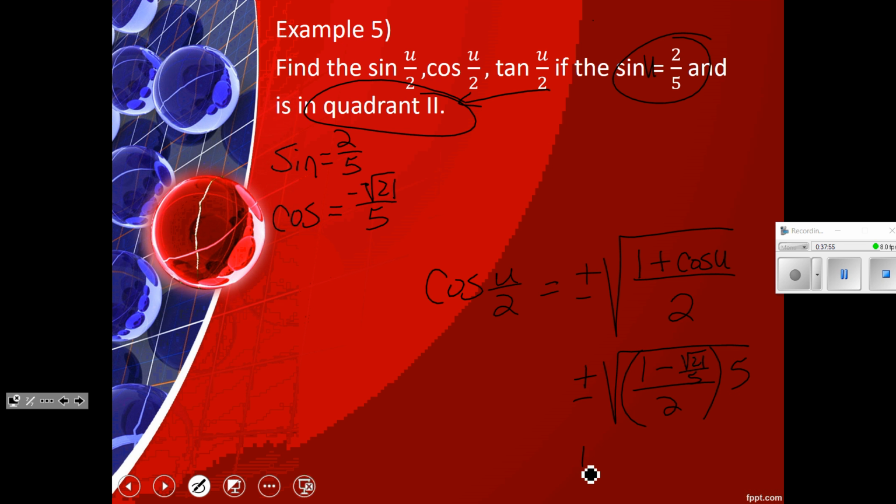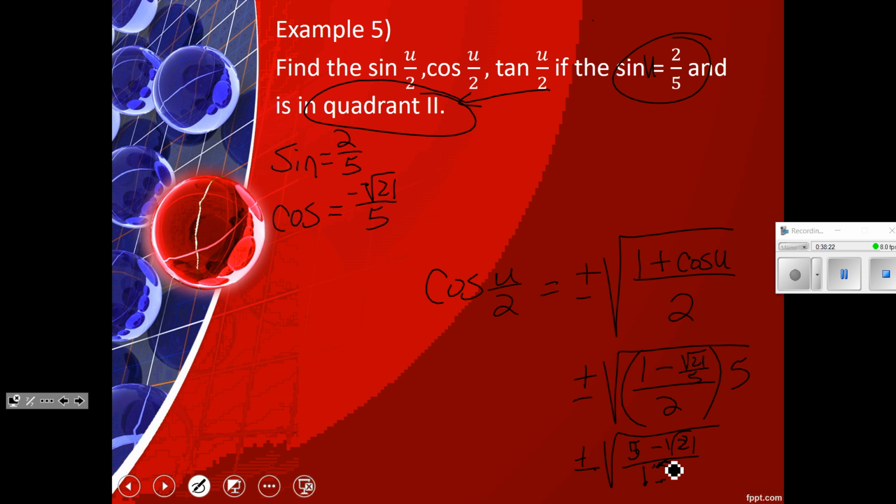So this would be plus or minus the square root of 5 minus the square root of 21, all divided by 10. Okay? And the question is, would I take the plus or the minus? I just told you if you start in quadrant 2, that's what you're using.